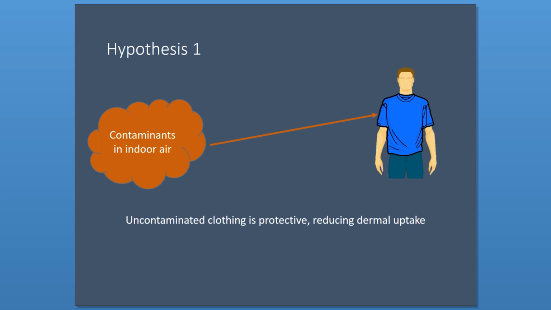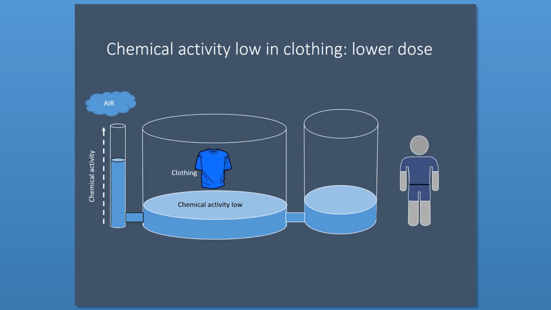First is that when you have contaminants in indoor air, clothing can be protective, potentially. It can be protective because it has such a large capacity for these chemicals. It acts like a sponge and maybe prevents the contaminants from getting to you. So this, in essence, would reduce total dermal uptake if the clothing does not already have these chemicals in it. So using our analogy of reservoirs, it would look something like this, where you have a high chemical activity in the air of some chemical.